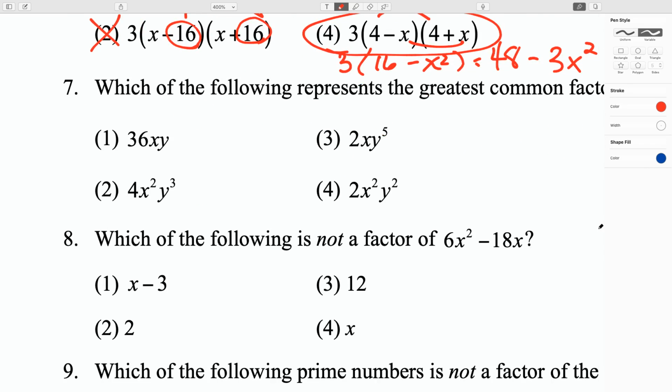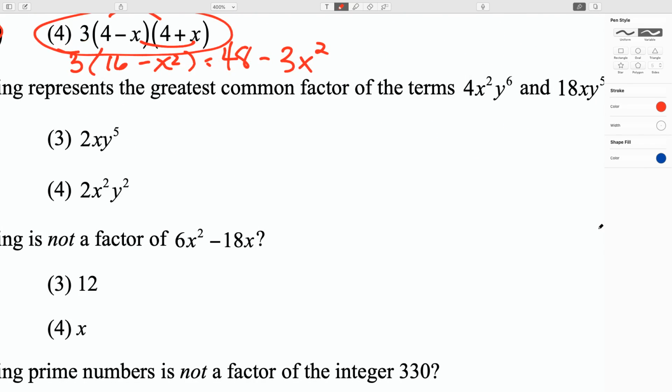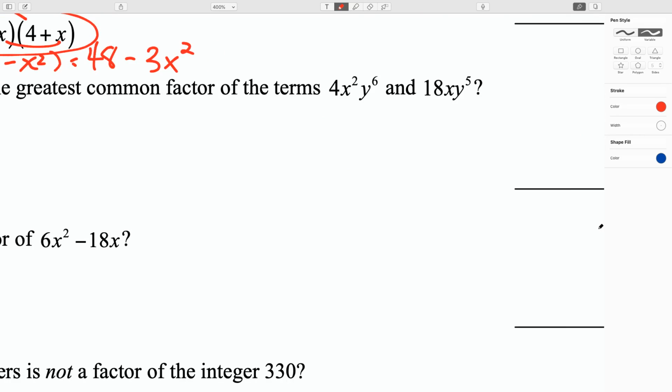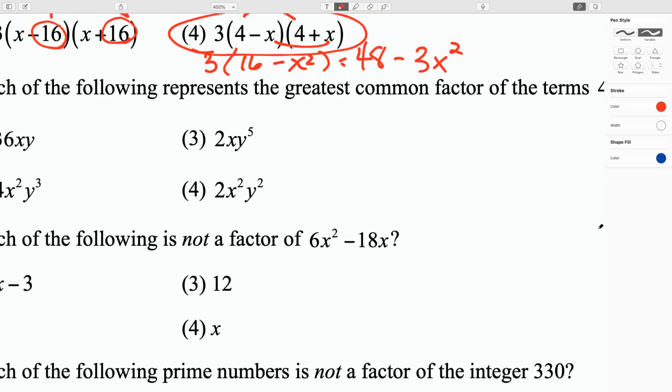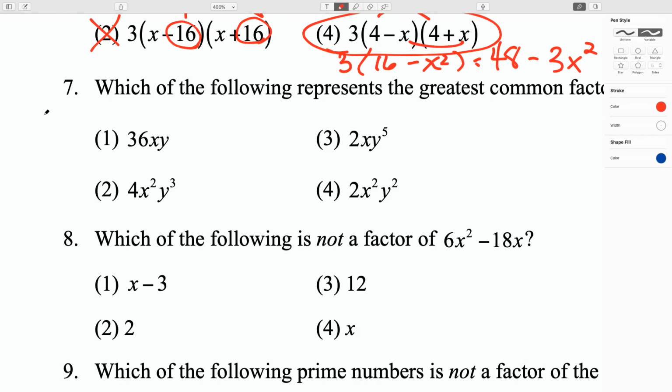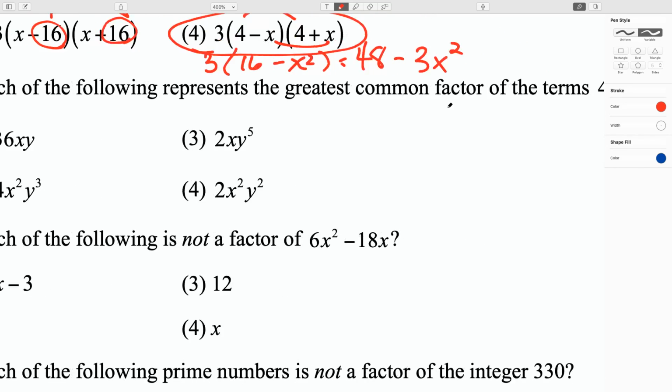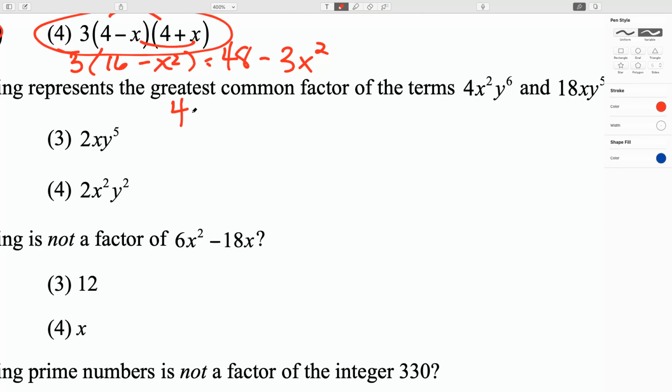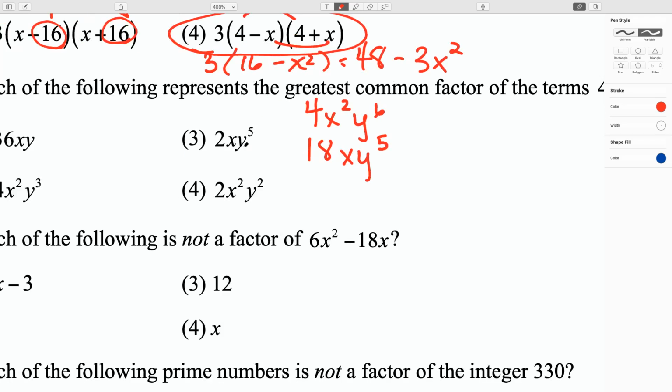Which of the following represent the greatest common factor of the terms 4x squared y to the 6th and 18xy to the 5th? I'm just going to rewrite them over here so I can see. 4x squared y to the 6th, 18xy to the 5th.